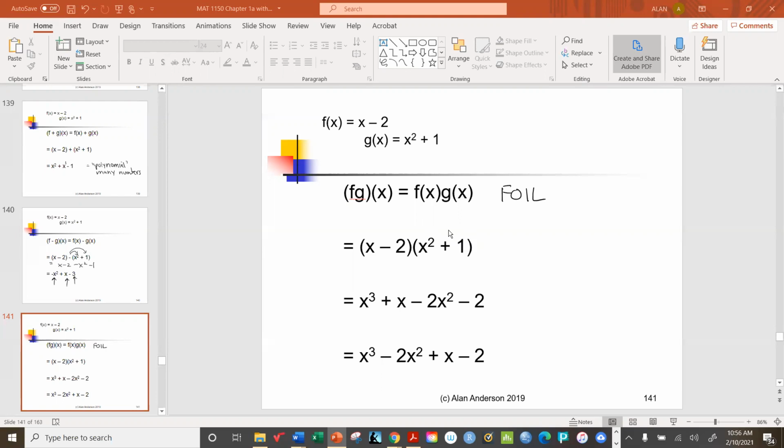So what does that mean? Well, first would be the product of these two terms. Outer would be these two terms, and that's going to give us x. Inner would be these two terms.